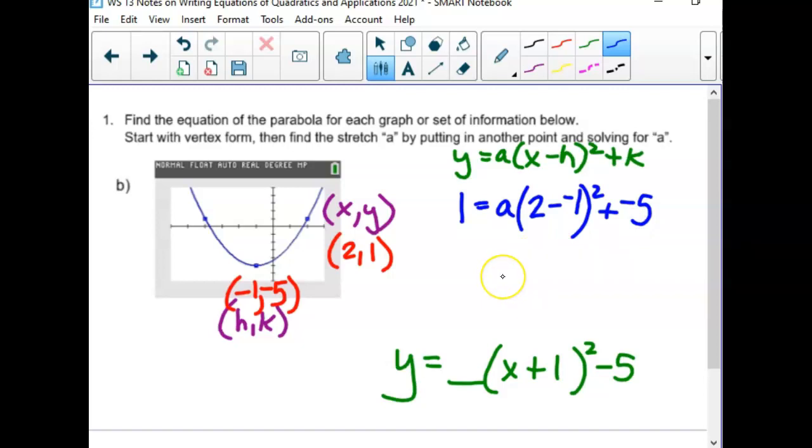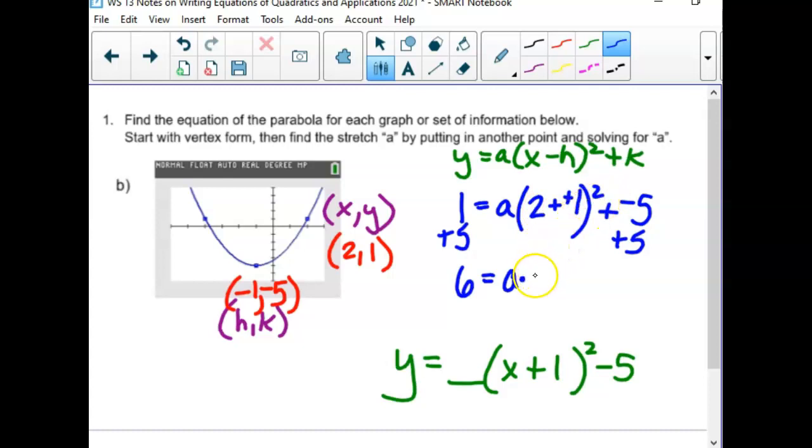What do we need to do first to solve that? I got it that it's negative 5, so we need to add 5. You're good. That's a 6, and then all of this is multiplied. But what is 2 minus negative 1 quantity squared? Be careful. That's 3 squared, which is not 6, right?